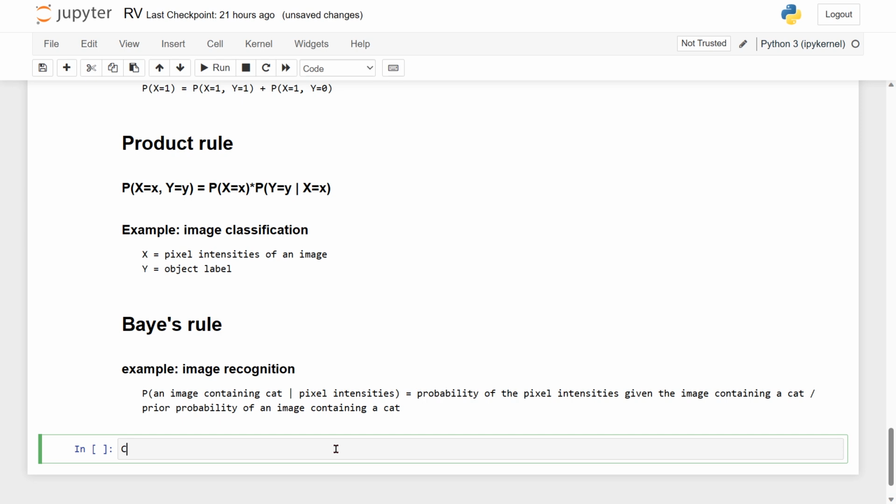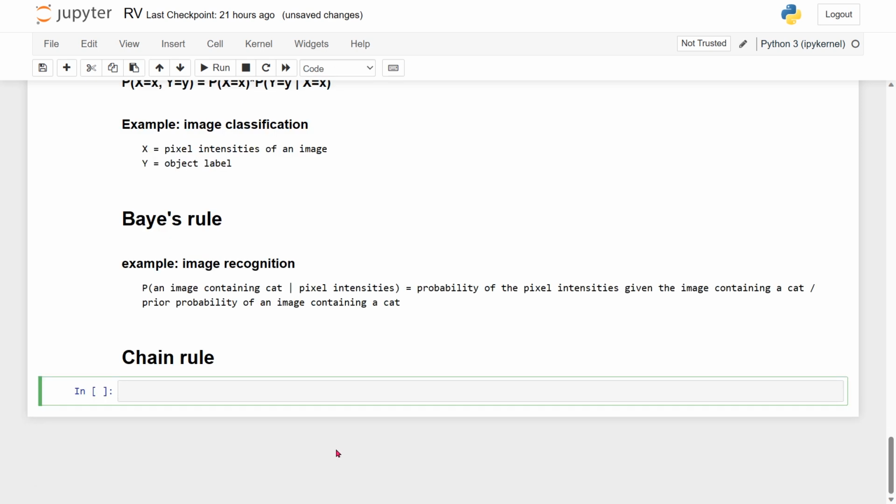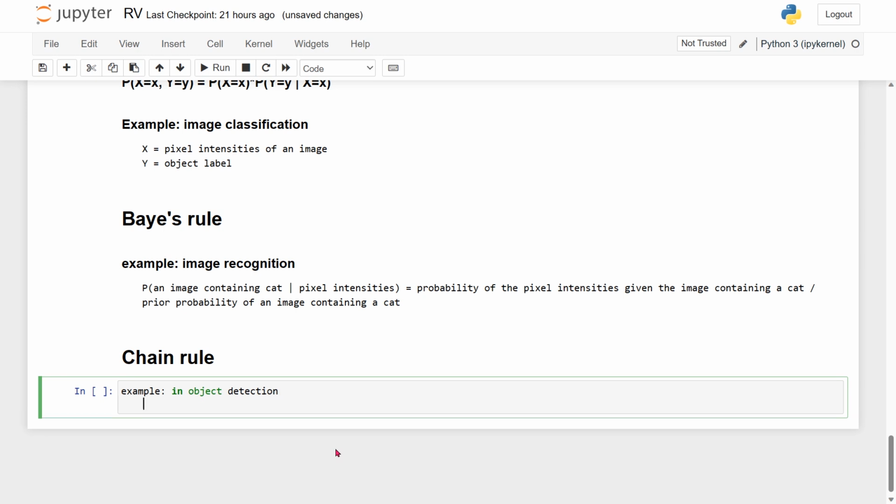So chain rule. For example, in object detection, again, in object detection, not image recognition or image classification, the chain rule can be used to compute the joint probability of the pixel intensities, object location, and object label by multiplying the probabilities: p of pixel intensities given the object location, object label, and so on, if you have anything.